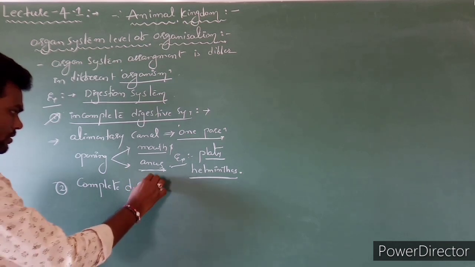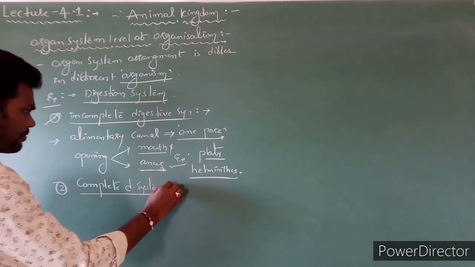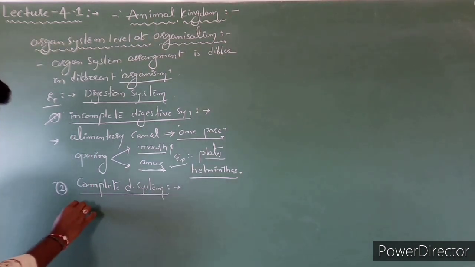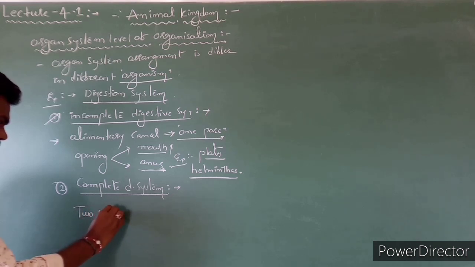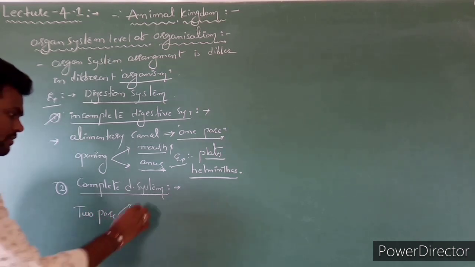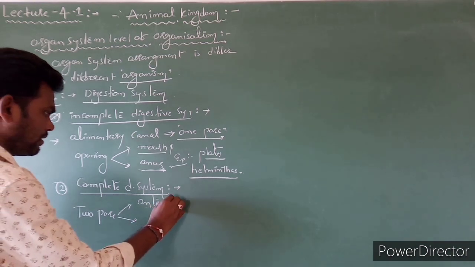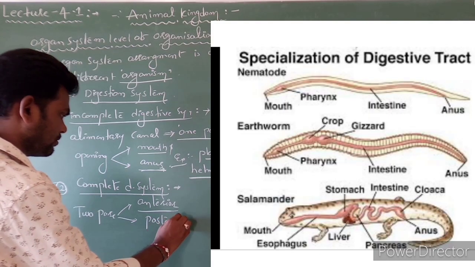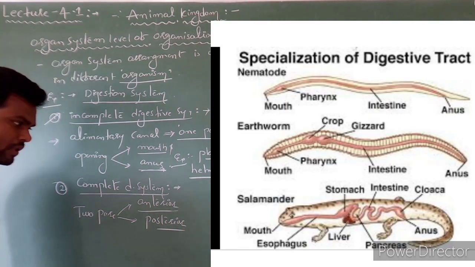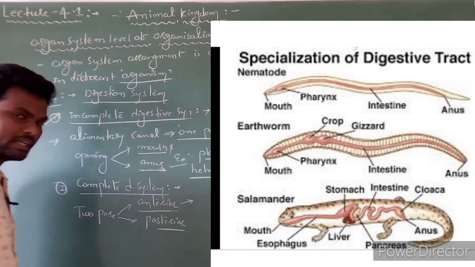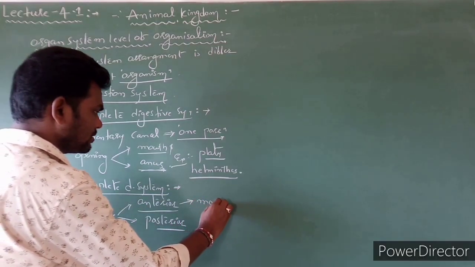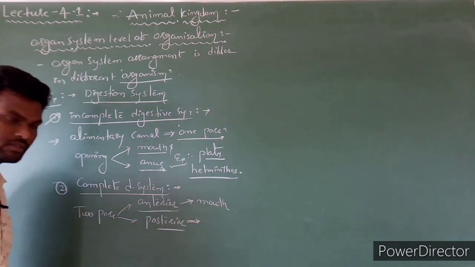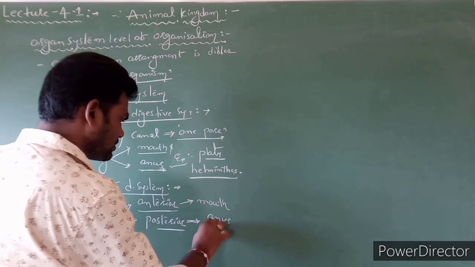Next, second one is complete digestive system. Here what happened? Here the alimentary canal contains two pores. One pore is on the anterior side and one pore is on the posterior side. The one which opens to the anterior side acts as mouth, and the one which opens to the posterior region acts as anus.